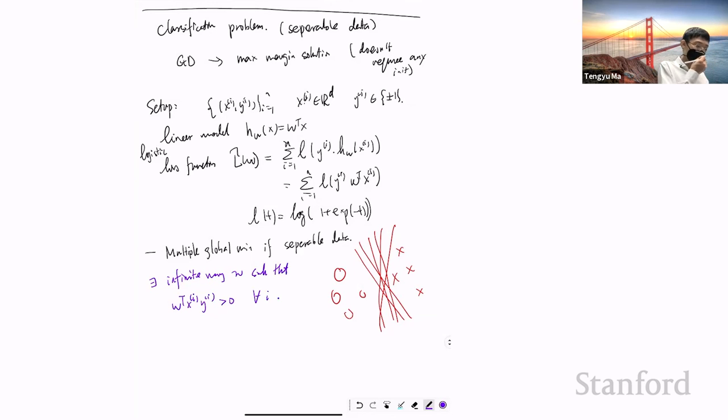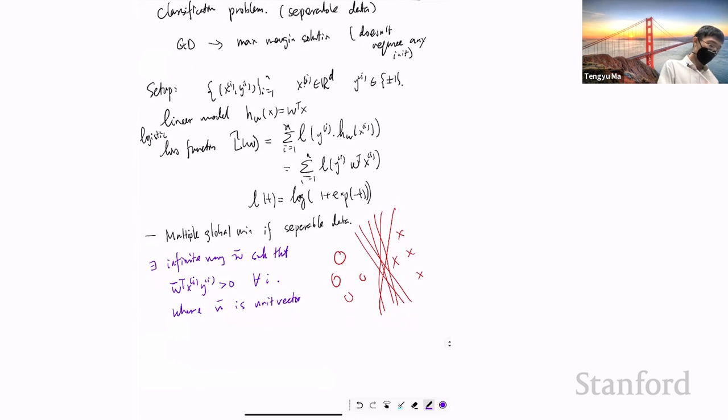Let W bar be a unit vector. This statement doesn't really depend on the norm, so you can always scale it.